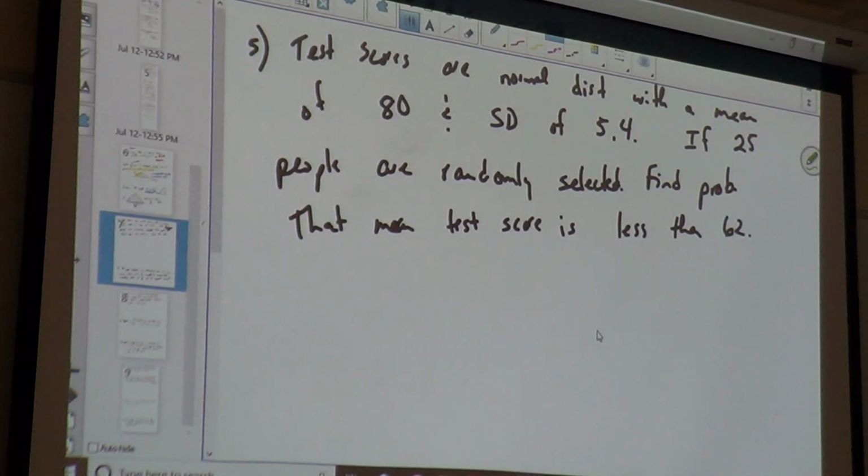Test scores are normally distributed with a mean of 80 and a standard deviation of 5.4. If 25 people are randomly selected, find the probability that mean test scores are less than 62. Not is less, are less, my bad. Do y'all want to try it or you want me to do it?